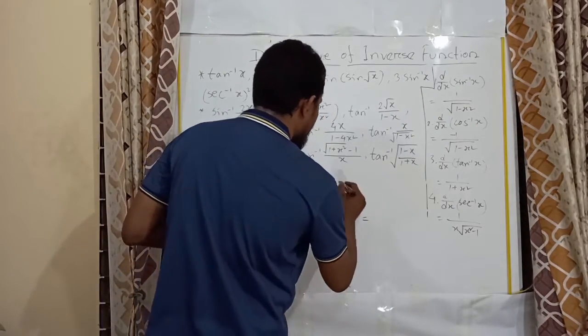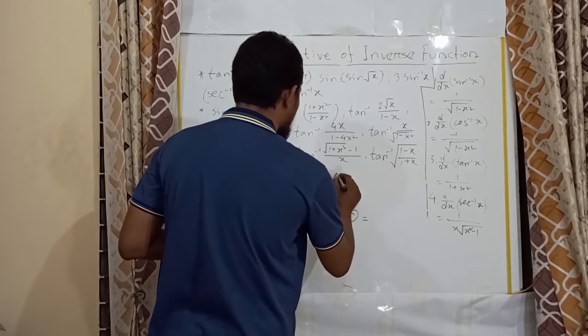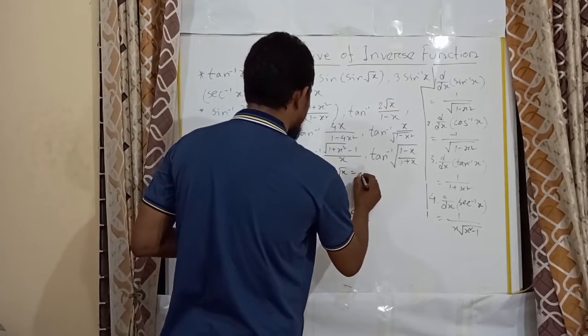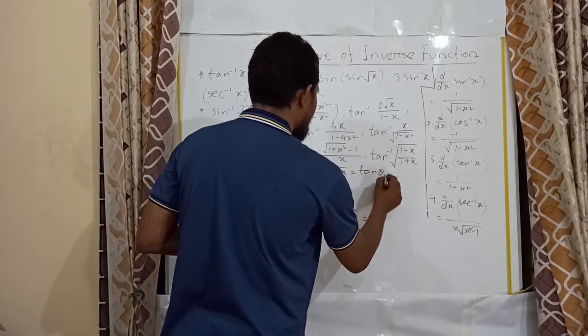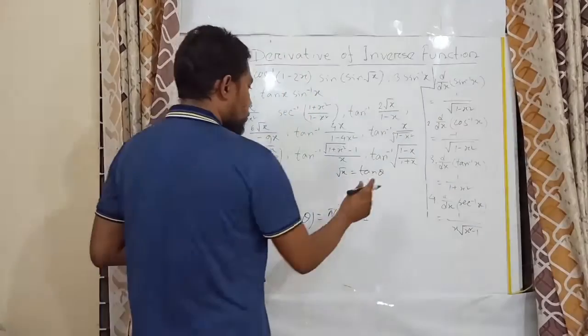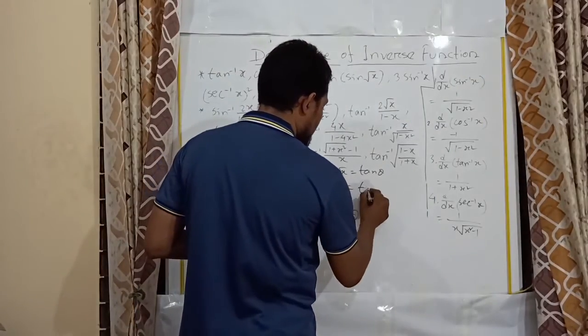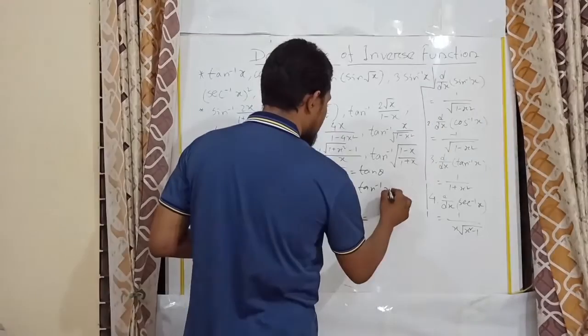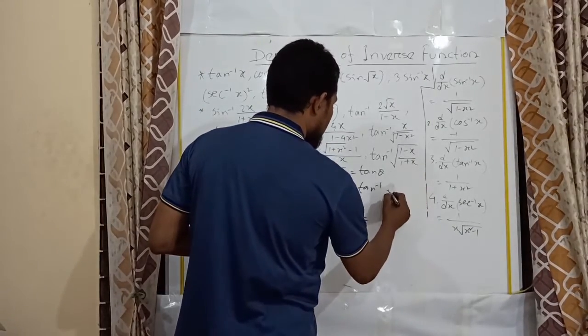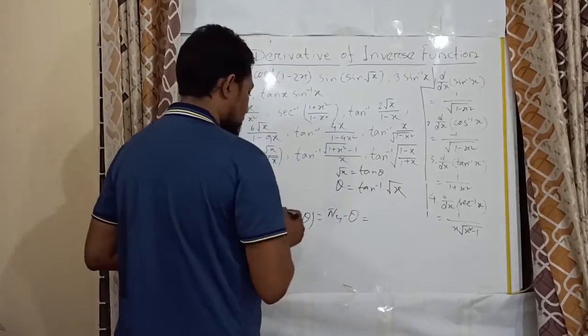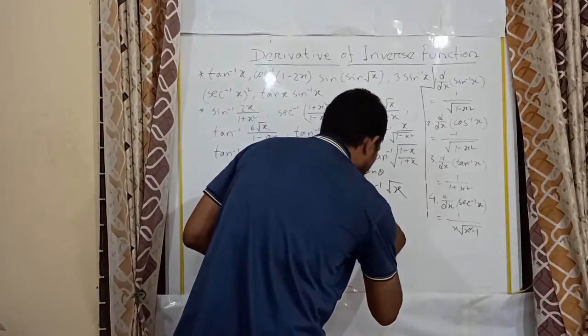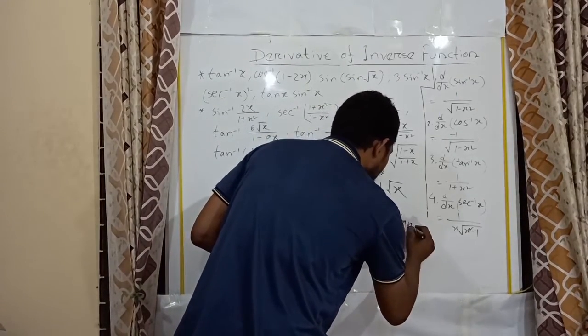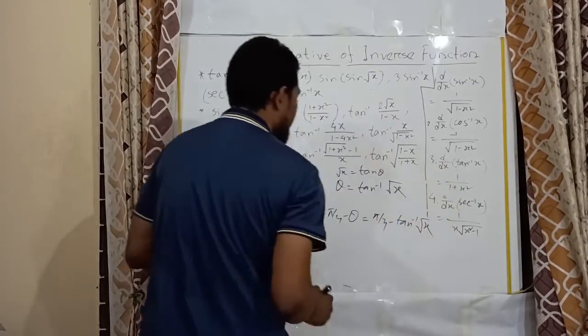We took x equal to tan theta, so theta equals tan inverse root x, so pi by 4 minus tan inverse root x.